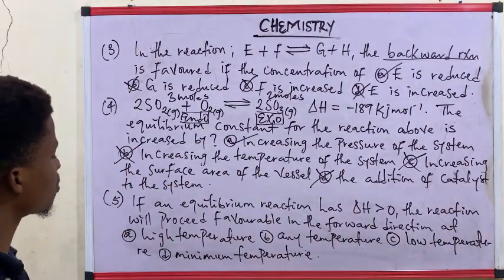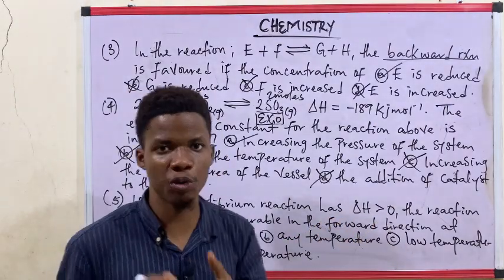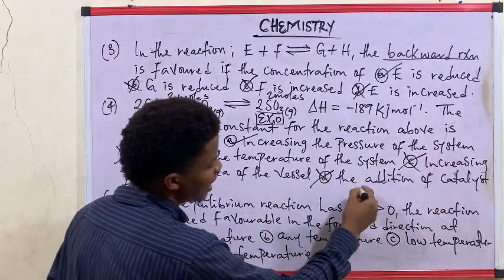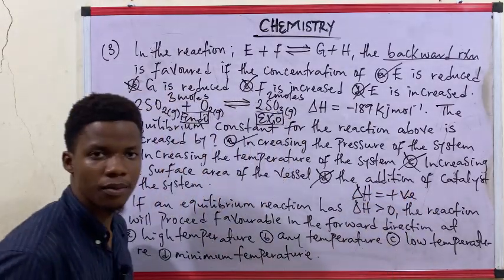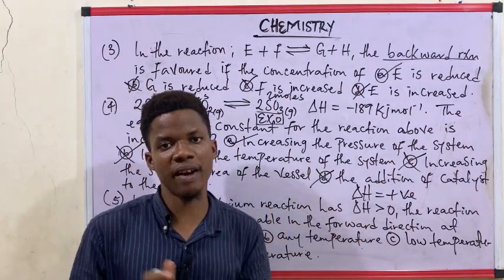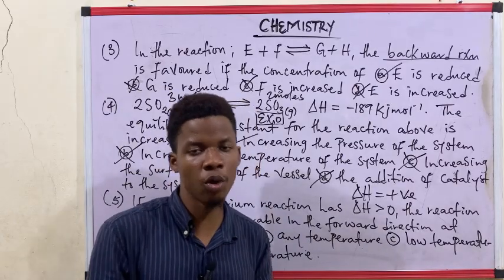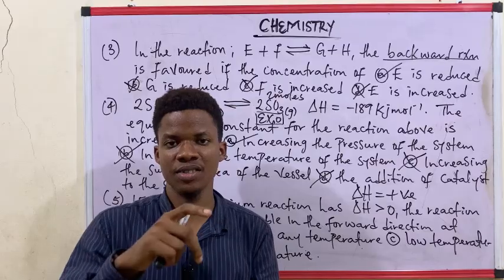So that is why option A is the answer to this. Then the next question: if an equilibrium reaction has delta H greater than 0, it therefore means that it is going in the positive direction. 0 is the bridge between positive and negative. Take for example, I am counting from 4 downwards: 4, 3, 2, 1, 0.